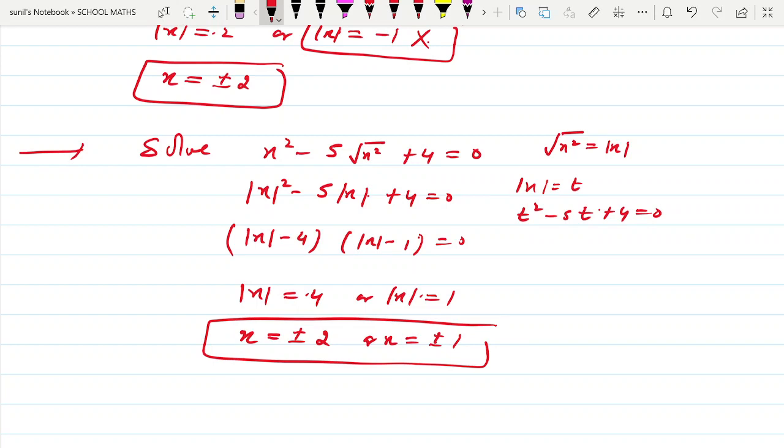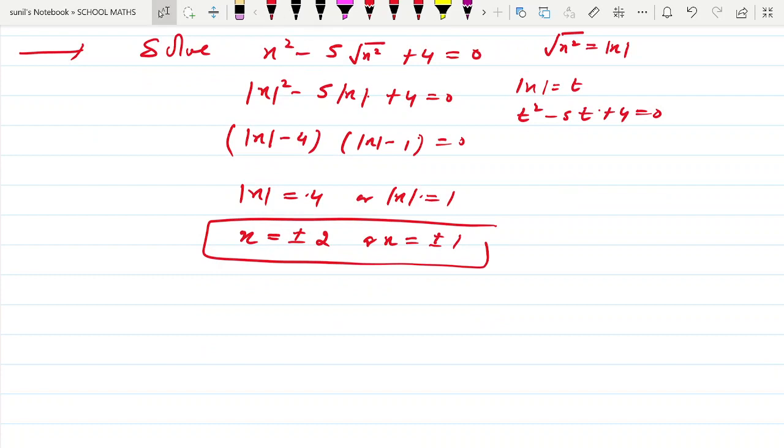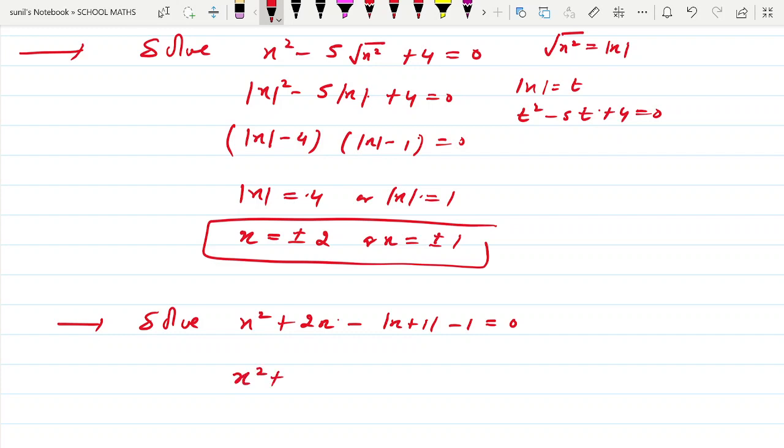Okay, now let us solve one more problem. The question is: solve x square plus 2x minus mod x plus 1 minus 1 equals 0. Now how will we handle this? I will try to make one more mod here. Can I write this quantity as x square plus 2x plus 1 minus 1? What I am doing here is just completing the square.